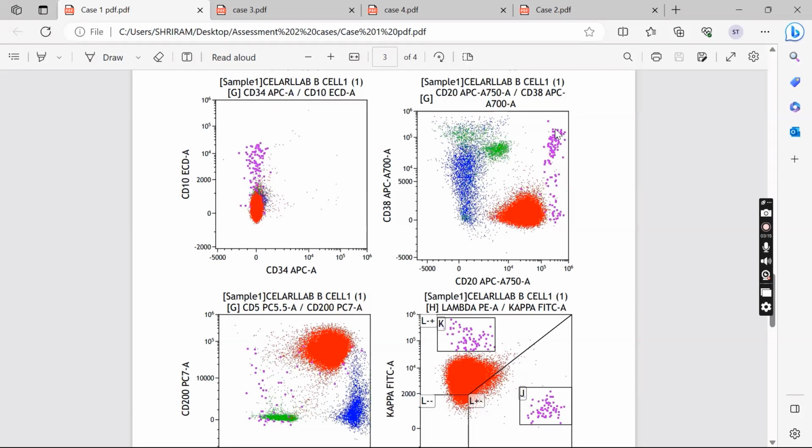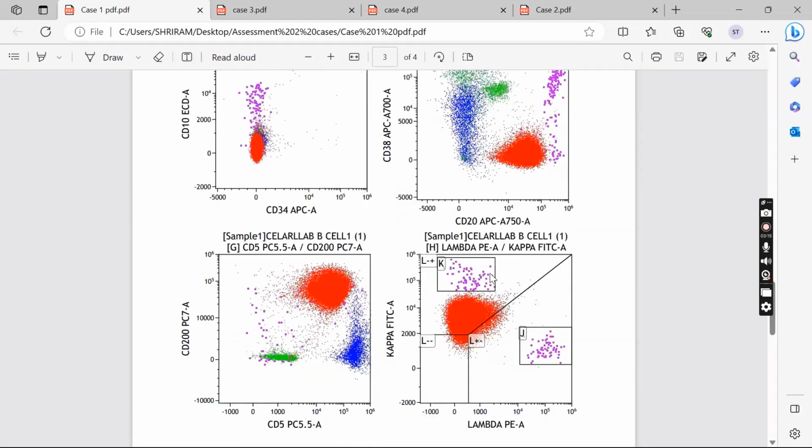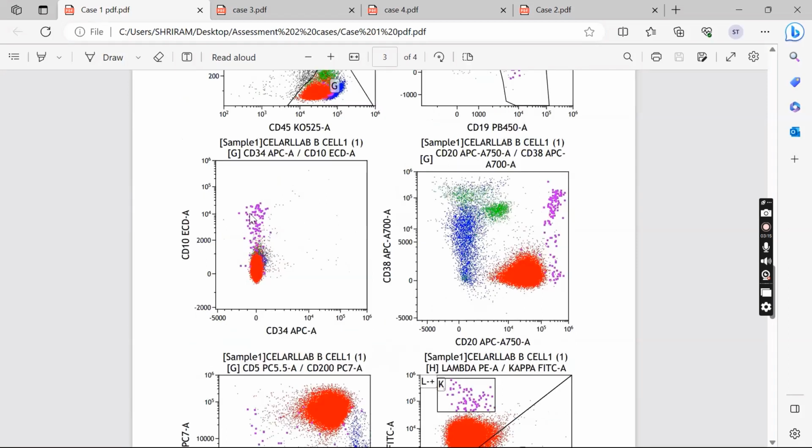You cannot divide the two populations, which is lambda positive and lambda negative, if kappa is not added. So it's always better you try to dissect out that small residual normal B cell population, which will act as a control for all these things. First, it will help you to interpret the markers correctly, the intensity of B cell markers, and then it can also help you as a guide to check your kappa lambda and also draw your hinge gate. Okay.